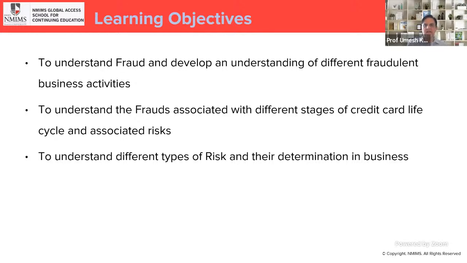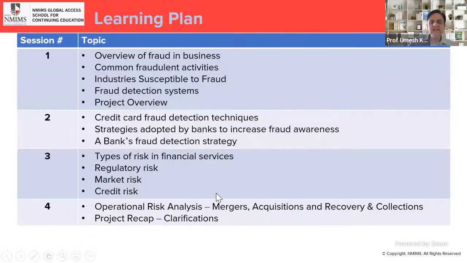So before we get started, these are the 4 sessions and how they are planned. Session 1 today, an overview where we talk about fraud, introduce the topic, tell you about different types of fraud industries, and what the different models are that one can deploy to prevent and detect fraud. Session 2 is dedicated entirely to credit card because that's an important piece of fraud and risk analytics, and we'll see that in session 2.